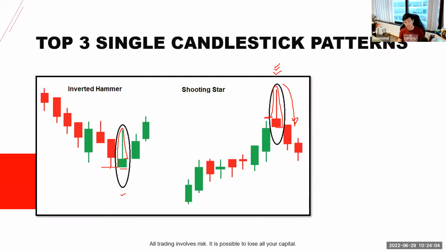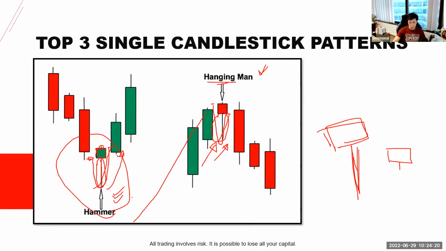So it shows that the bears are actually pretty strong, and they can really take the fight to the bulls if they want to. That's why the inverted hammer is only 1 tick for me. But a shooting star candlestick is 3 ticks for bearish, and a hammer is 3 ticks for bullish.